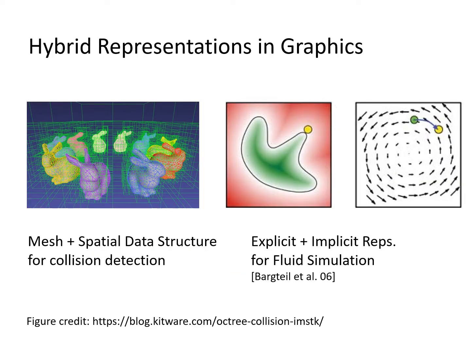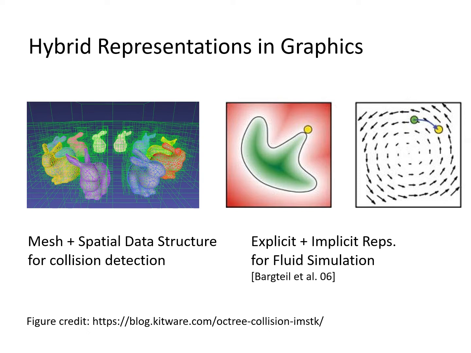Before going into the technical details, I would like to emphasize a little bit about the history of hybrid representation. You may wonder where hybrid representation comes from. It originates in computer graphics and computer-aided design, right? Hybrid representation is widely used in the so-called CAD systems.